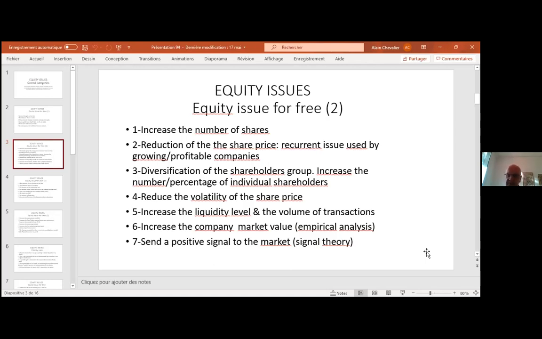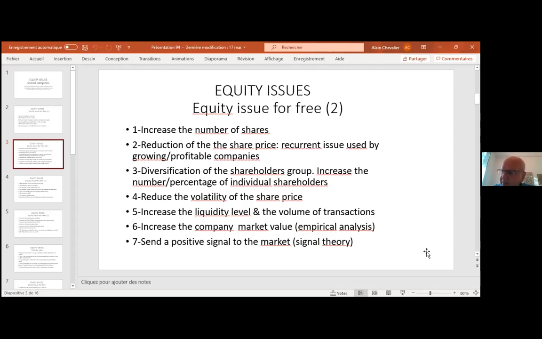We have many empirical analyses of that because it's not so obvious. If you go into financial literature, academic literature, we have hundreds of analyses of companies, with policies on the share price, policies on the diversification of shareholders.